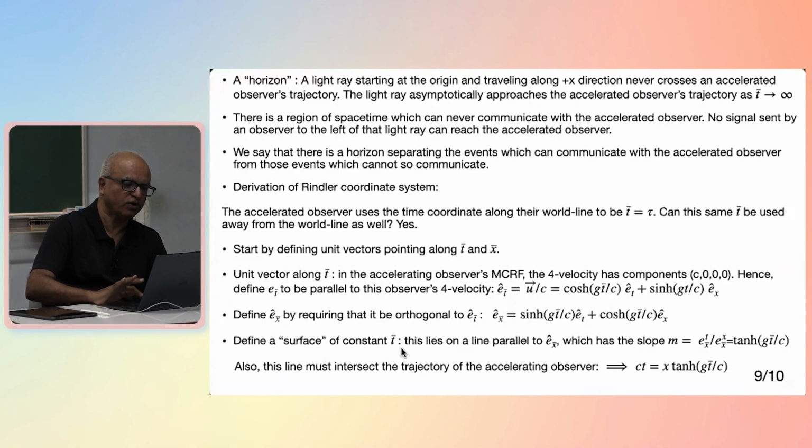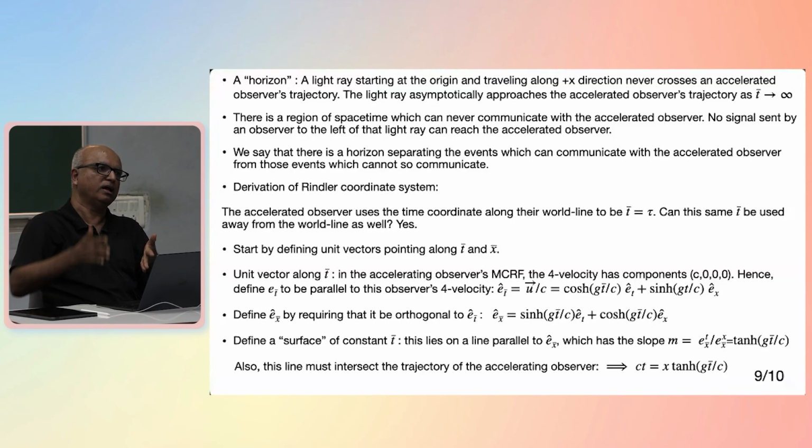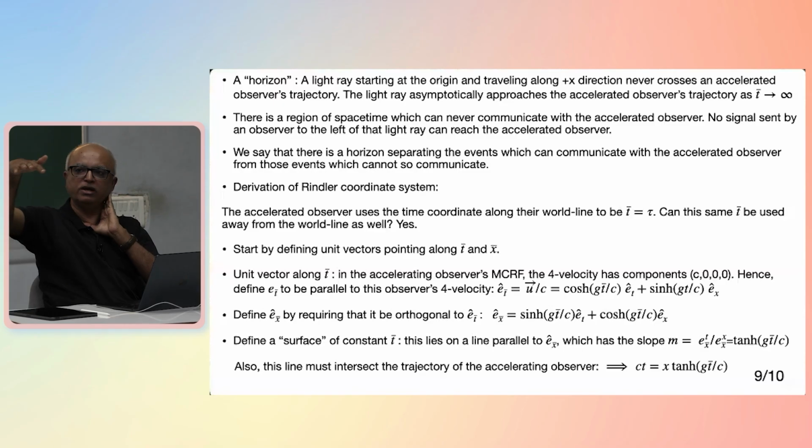Define a surface of constant t bar. So, imagine what are we doing? In the inertial coordinate system, I have t and x. The constant x lines are parallel to the time direction. The constant t lines are parallel to the x axis. So, I want to know if a surface, quote unquote, of constant t bar will be parallel to E x.